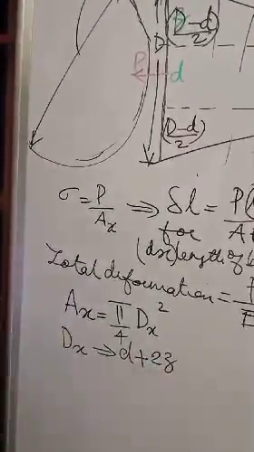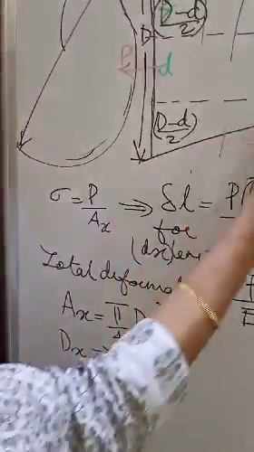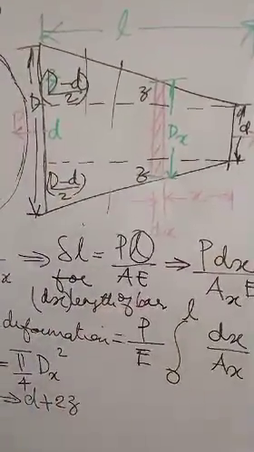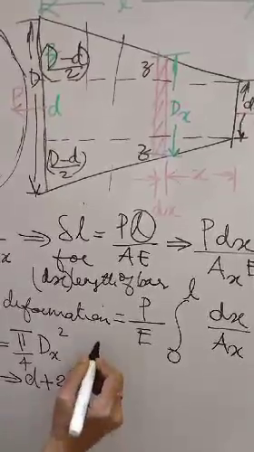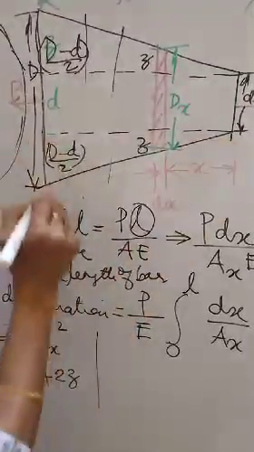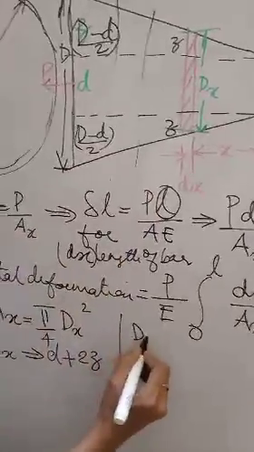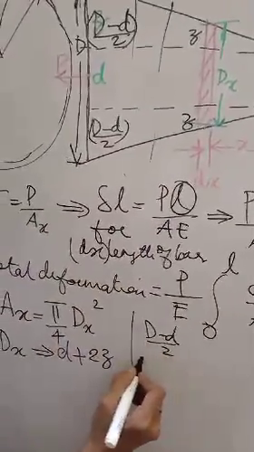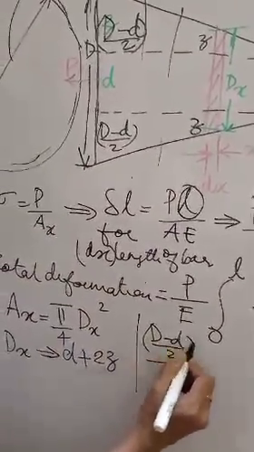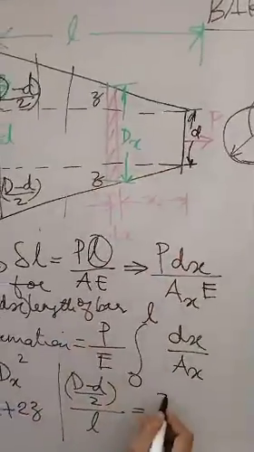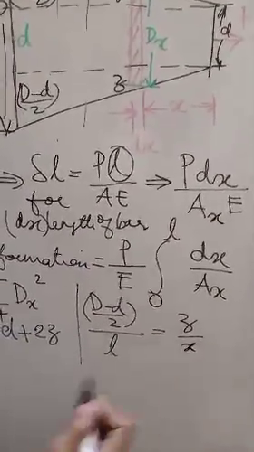So how will you find out Z now? For Z you take this big triangle and this small triangle. From similar triangles, from this big triangle, this is the altitude and this is the base. So we will have (D minus d) by 2 divided by L is equal to, taking this small triangle, Z by x.